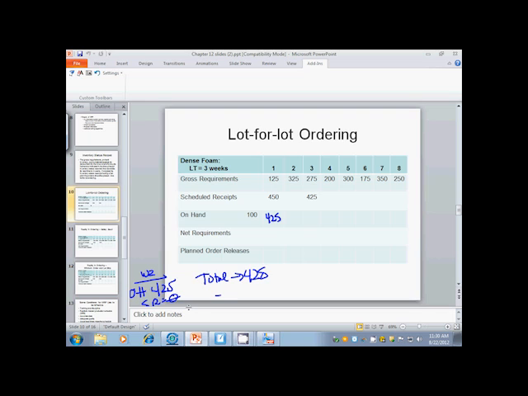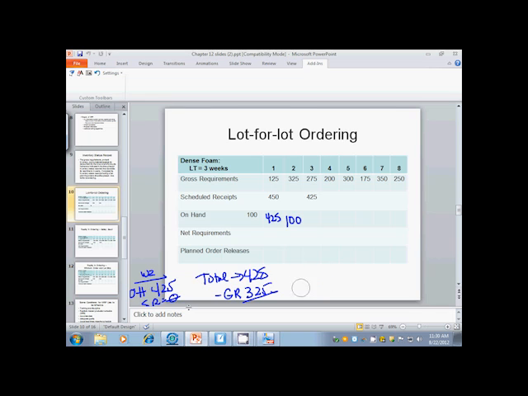I'm going to subtract out my gross requirements, which is 325, which means I have 100 units left at the end of week 2. So on the on hand at week 2, I'm going to put down 100 units.